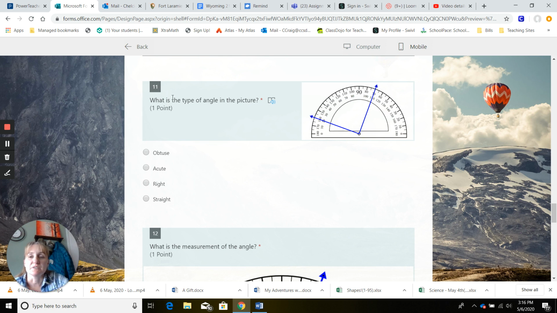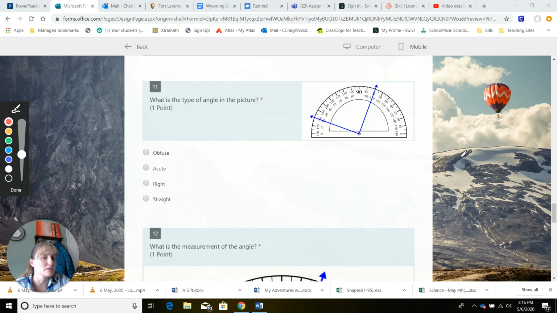Okay, number 11. What is the type of angle in the picture? Well, now I have one that's on this side of the 90 degree mark. So automatically, right?